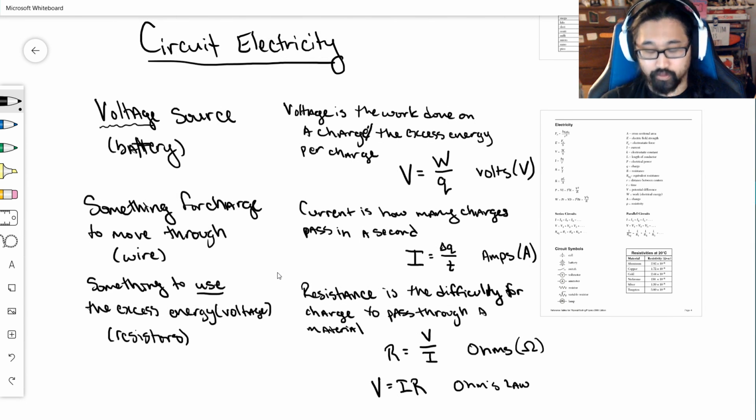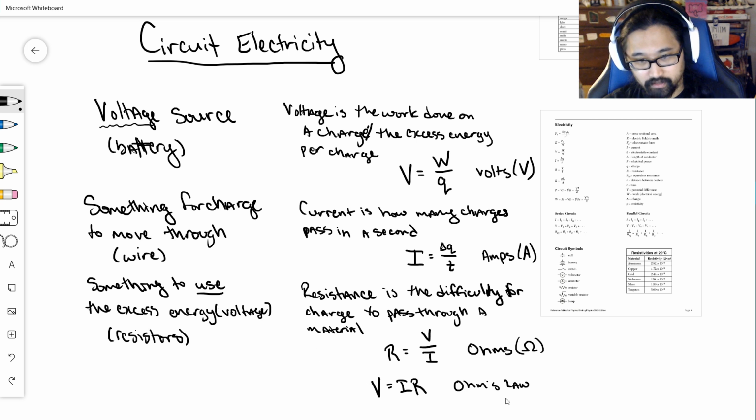Batteries on their own, typically like a AA, AAA, C or D battery, even the watch battery or the key fob battery in your car, they provide 1.5 volts of electricity, which means they give each charge 1.5 joules extra energy, right? So it's not a ton of energy, but depending on the circuit, they may move very quickly through the wire or slowly because of the amount of charge, right?